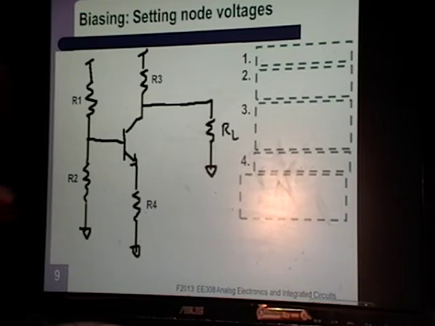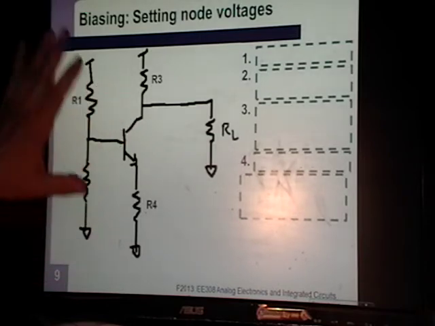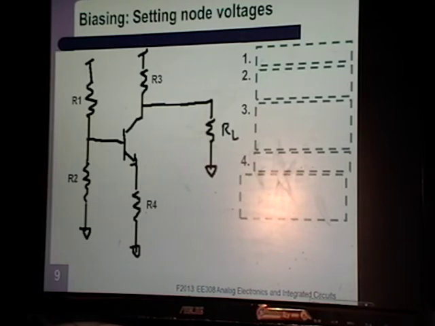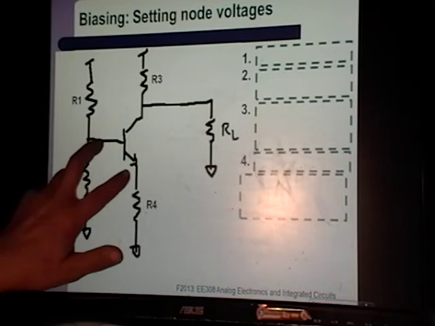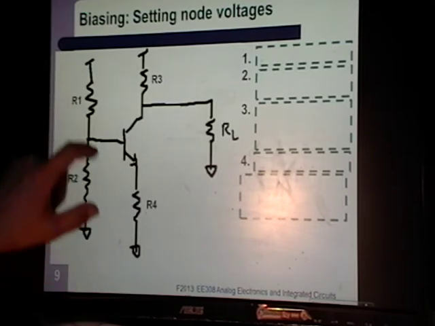Okay, so let's say you know that you want to bias your transistor using the 4-resistor biasing technique. First thing, it's always good to figure out what you know. And I think you know this VBE. So you know VBE, but all of these resistors you don't know.